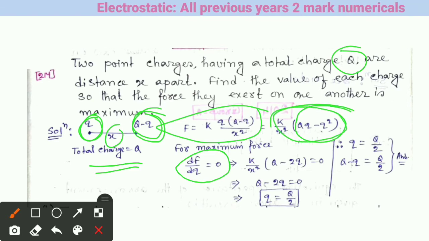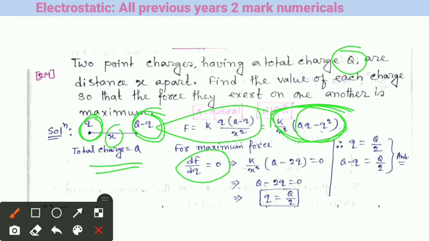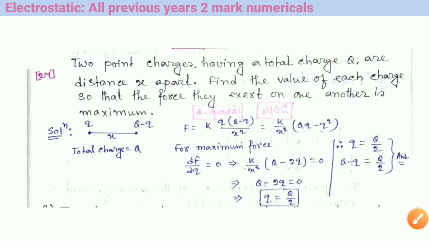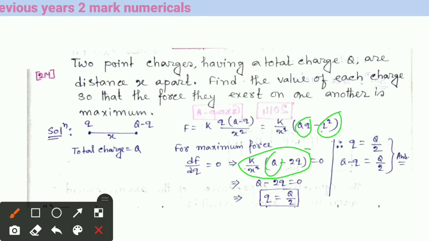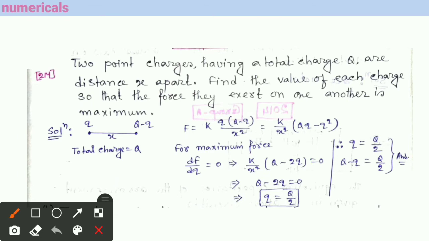Now dF by dq means the derivative of this value, so it will be K by x square into the derivative of Qq minus q square with respect to q, which equals 0. Now after simple differentiation, we get Q minus 2q equals 0. So small q equals capital Q by 2.